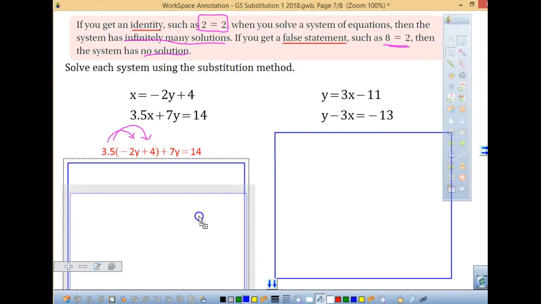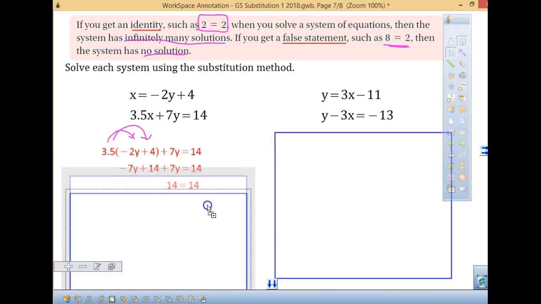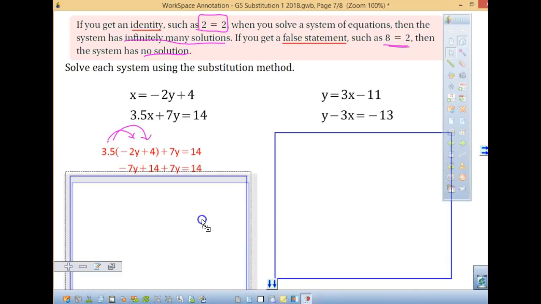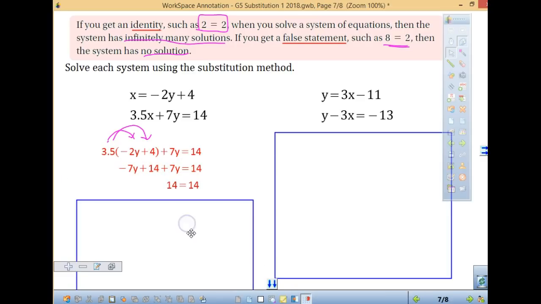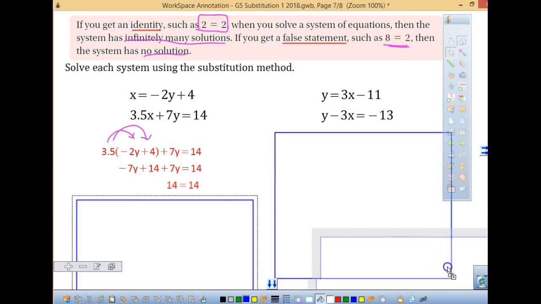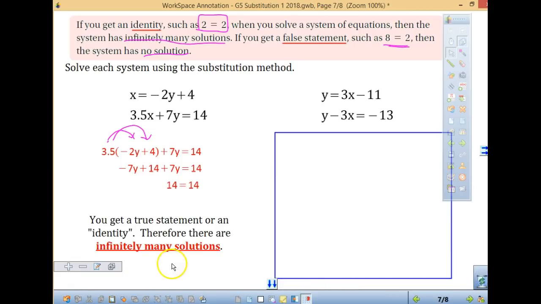As you do that distributive property, you're going to write down negative 7y plus 14 plus 7y. And we add our like terms, and you get 14 equals 14, which we know is a true statement. And we would graph that. And if we were looking at the solution, we're going to say that solution is infinitely many. If you were to have graphed these two lines in slope-intercept form, you should have found that they are going to give you the same line.